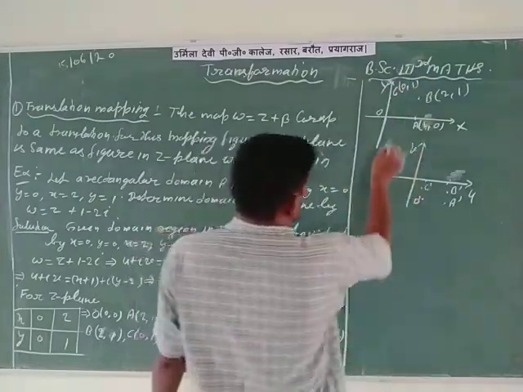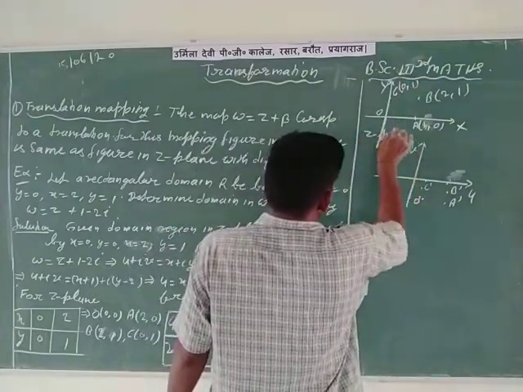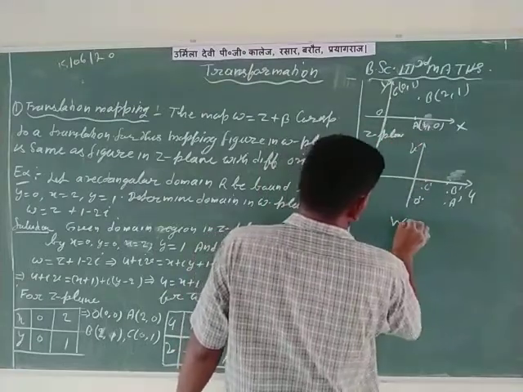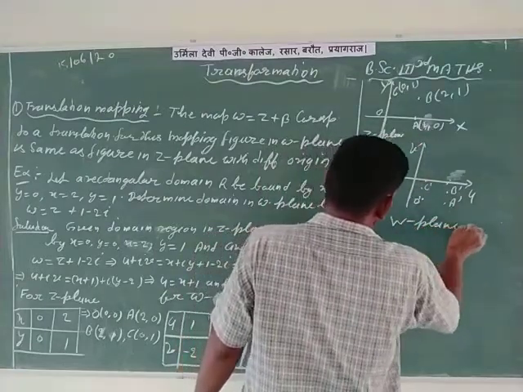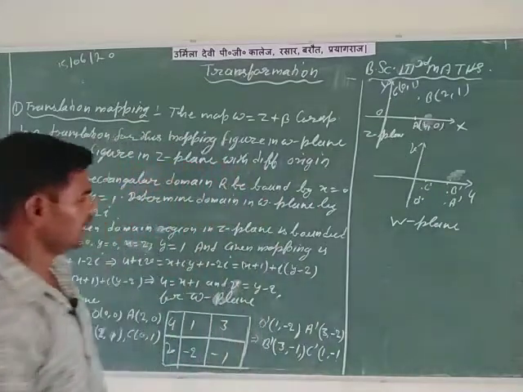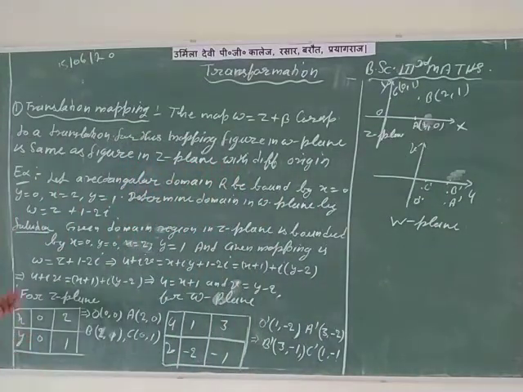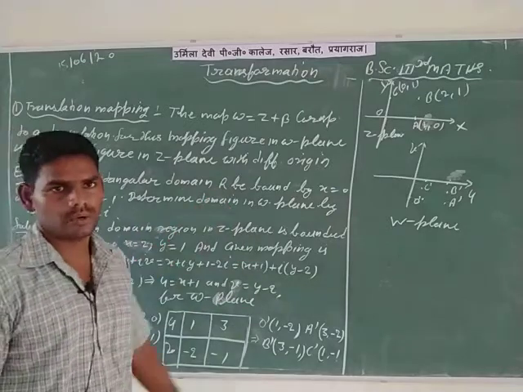This is the Z plane and this is the W plane. First take the Z plane. In the Z plane, given that x is equal to 0, y is equal to 0, x is equal to 2, y is equal to 1 is the boundary line of the rectangular domain region.